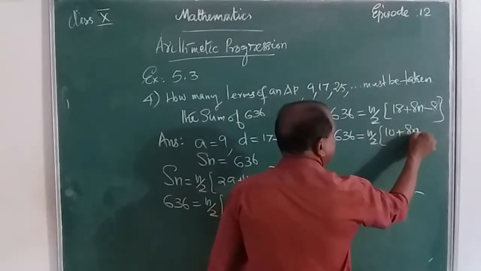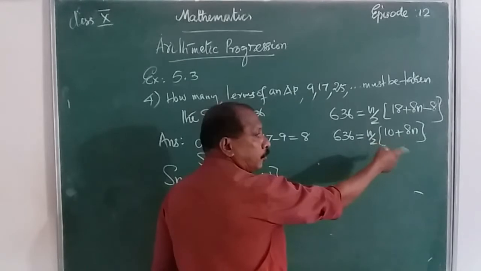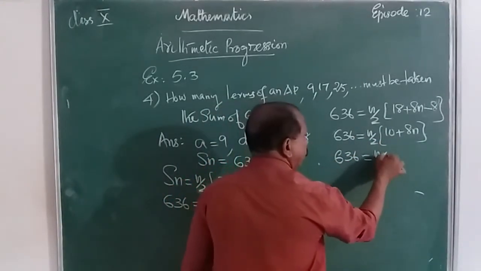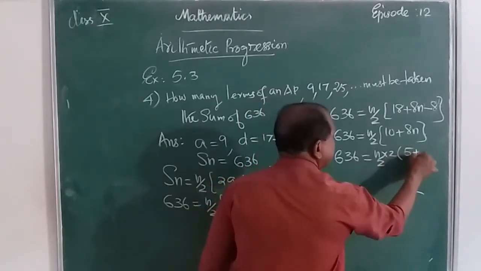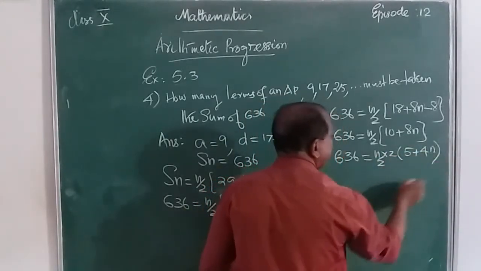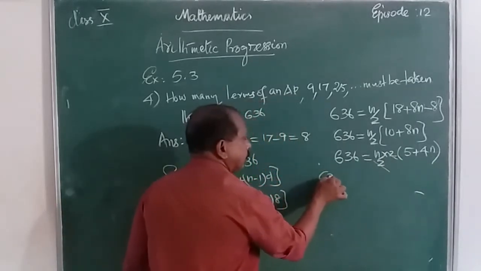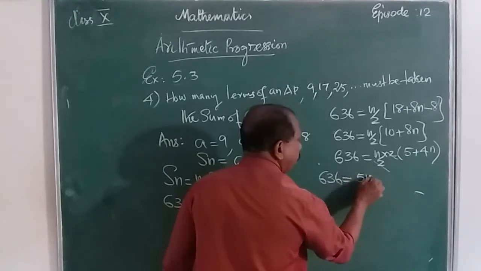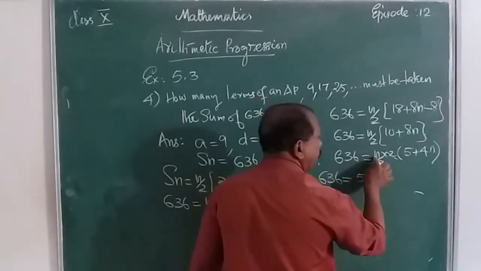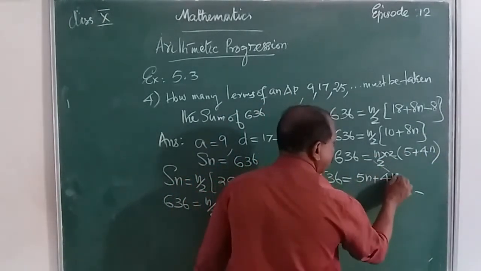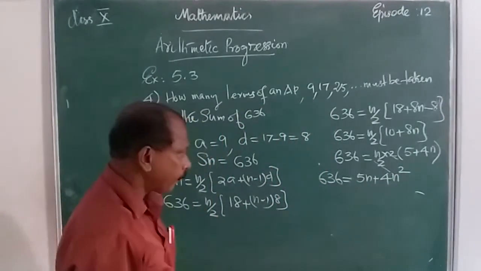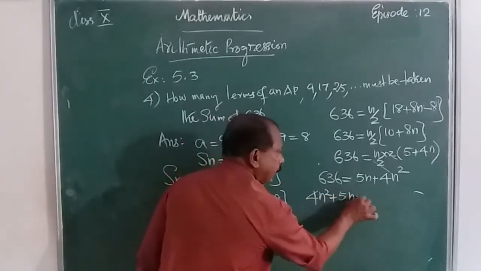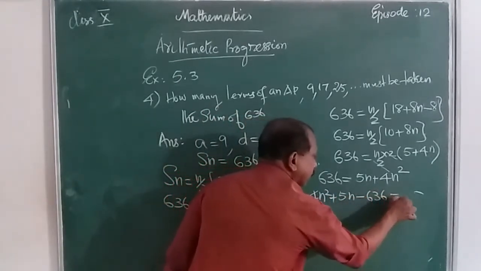18 minus 8 is 10. Then take 2 as a common factor. 636 is equal to n by 2 into 2 into 5 plus 4n. Then 2 cancels. 636 is equal to 5n plus n into 4n, that is 4n square. That is 4n square plus 5n minus 636 is equal to 0.